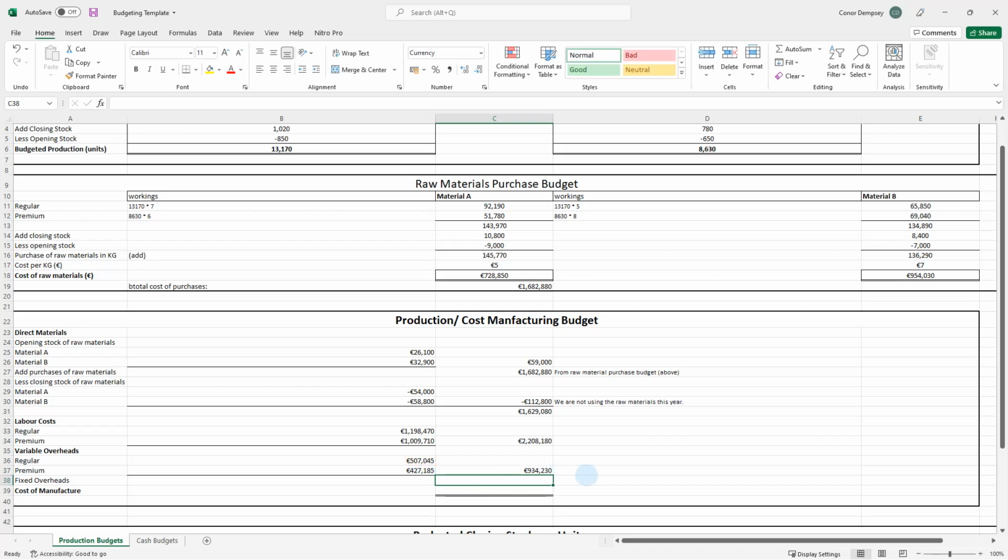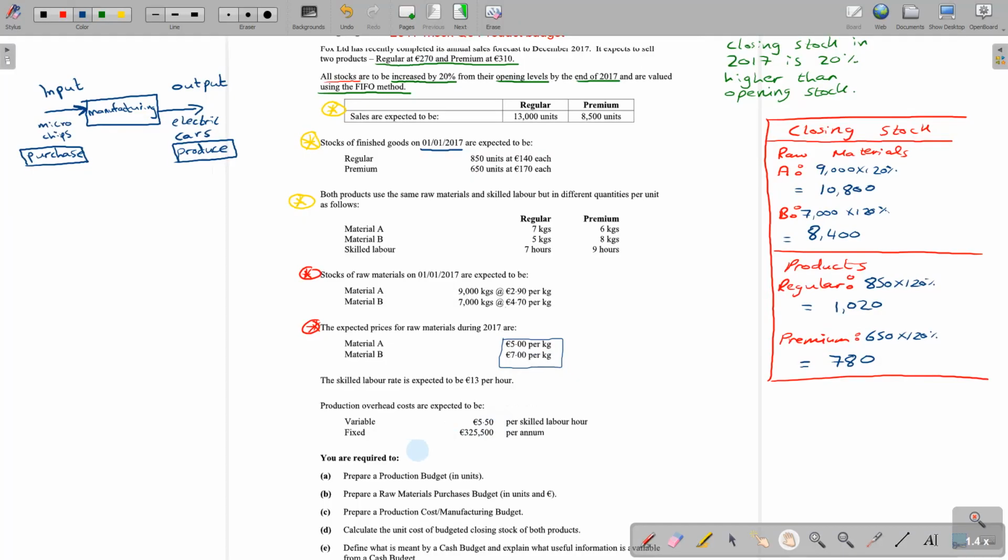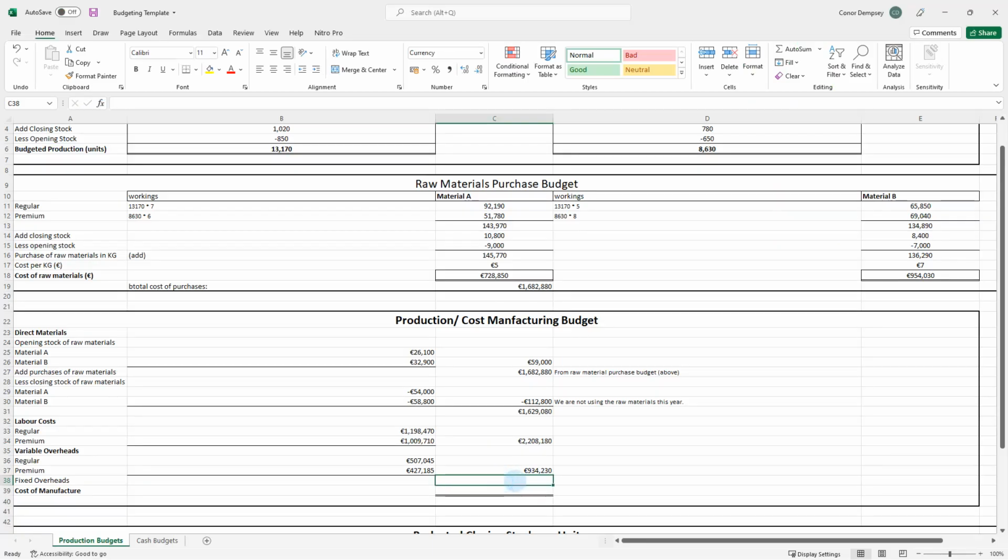934,230. Fixed overhead. So this could be 325,500. So cost of manufacture is everything added together: our fixed overheads plus our variable overheads plus our labor costs plus the materials we need to purchase. 5,096,990.